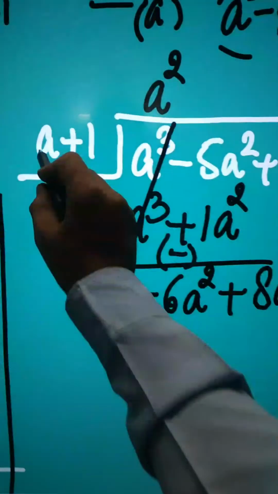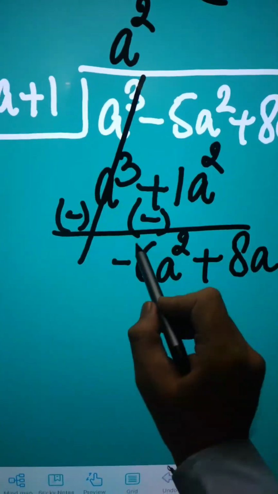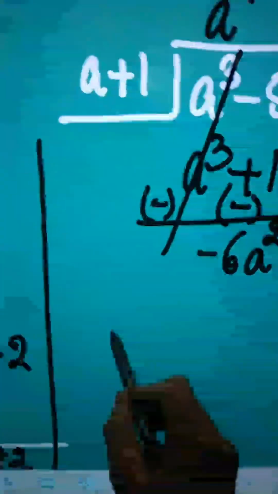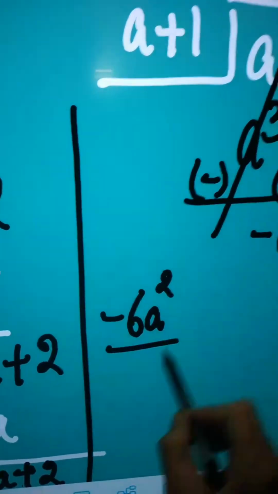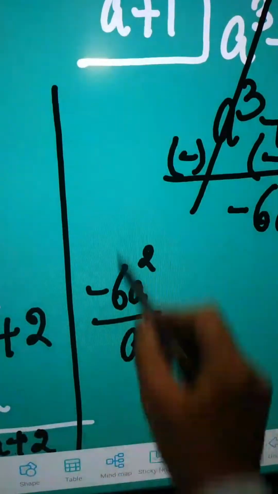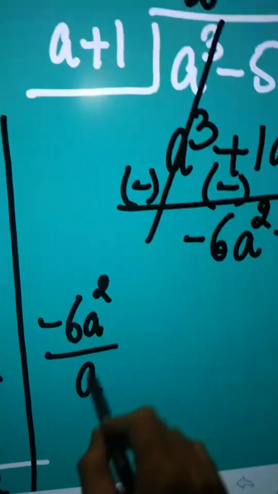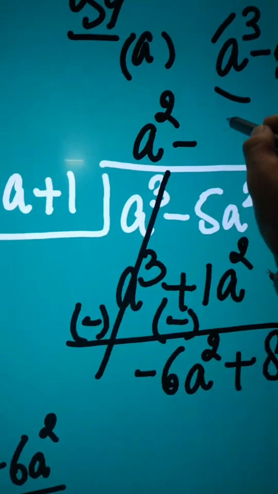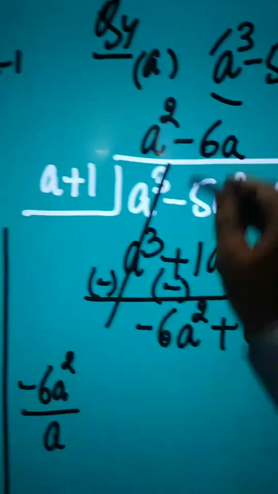Now divide minus 6 by this. So this is a minus sign. Next step is very important. I have to divide minus 6a square by a. So when I divide, what will I get? The same number I have to write here. So a square will give me minus 6a. How do you get this number?